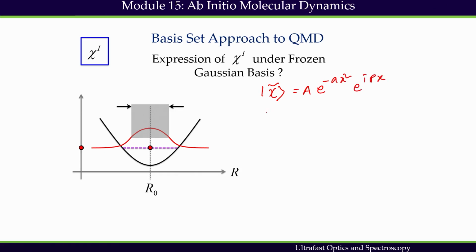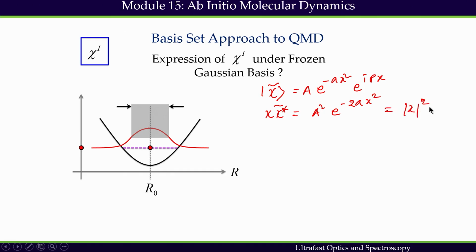So we can take the magnitude, which is nothing but this, and which we get as a square e to the power minus 2a x square, and this is the magnitude square.